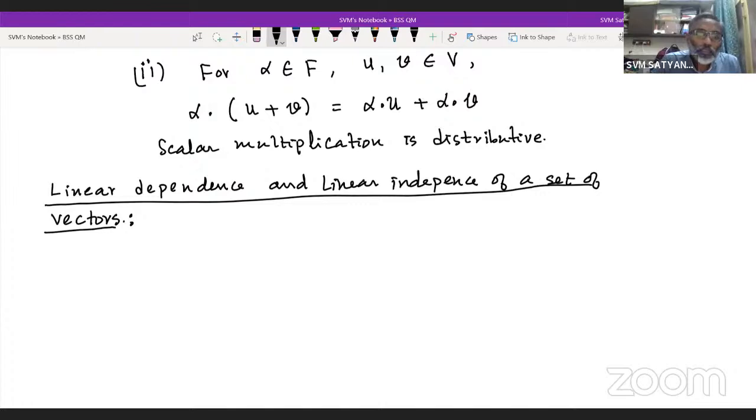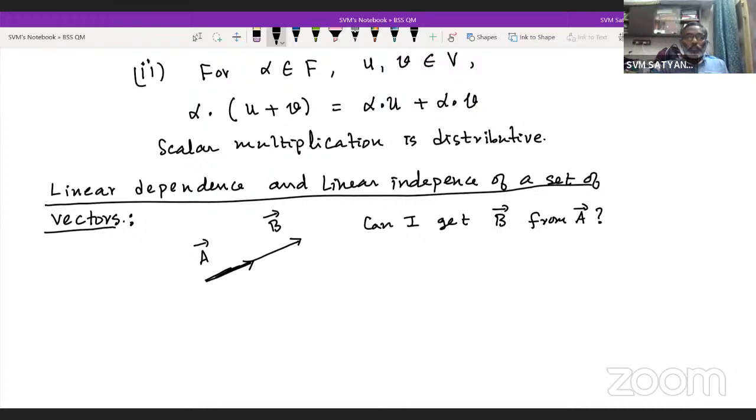So let us look at the vectors that we are familiar with. Let's say I have a vector like this, which I will call the A vector. Now let us say I have another vector which is along the same direction but slightly bigger, the B vector. Now can I relate B to A? Can I get B from A?